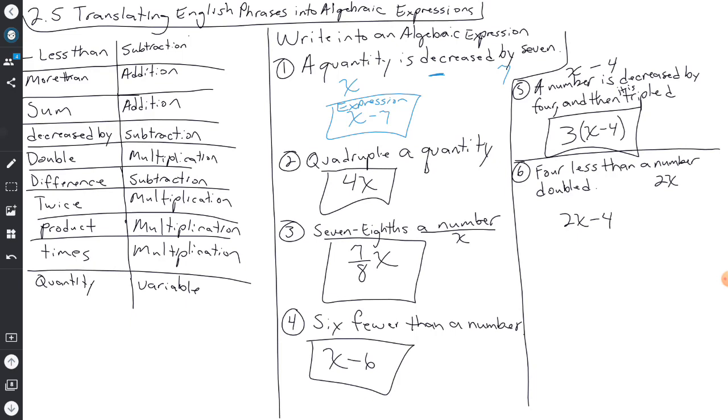Minus 4. 4 less than that number. You did x in parentheses times 2.